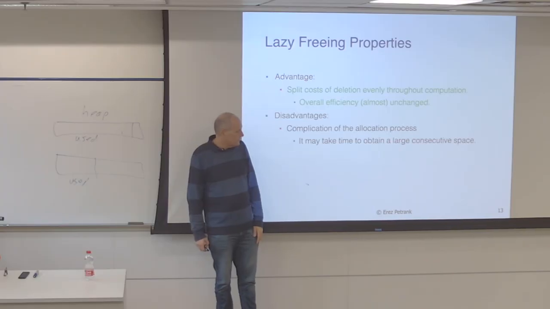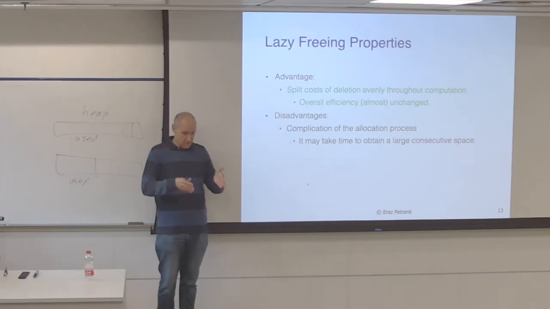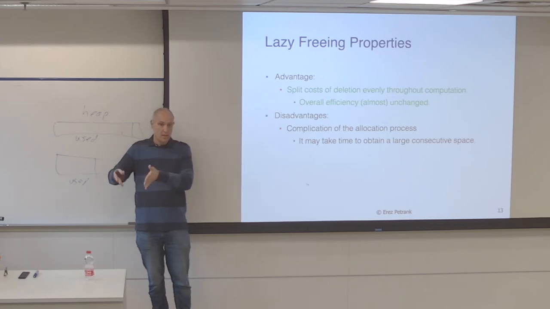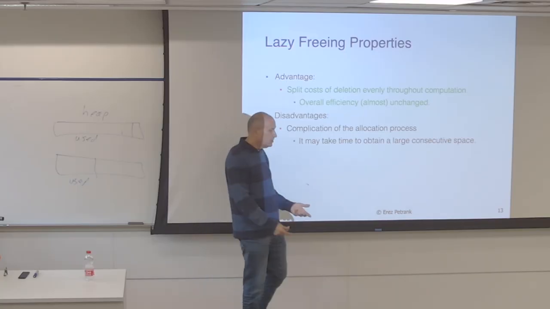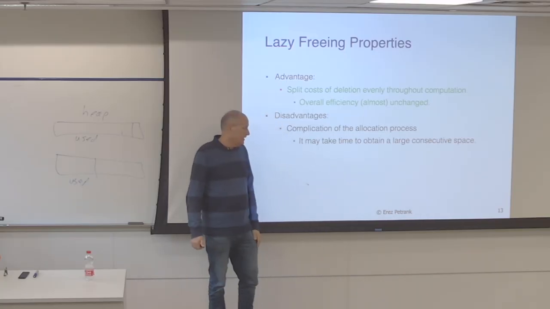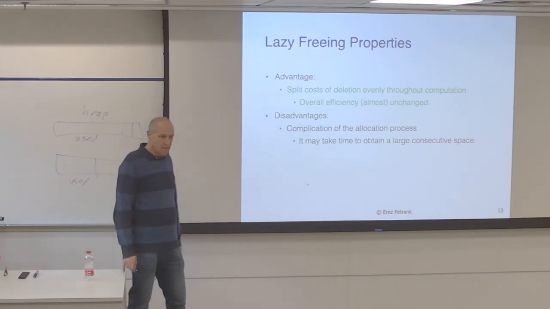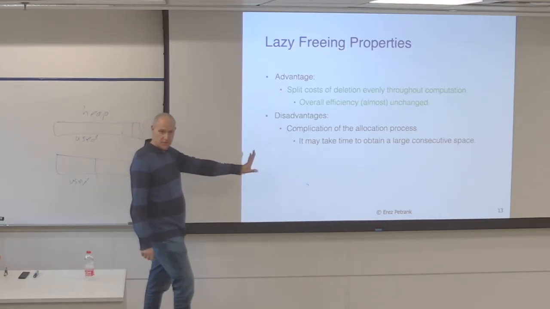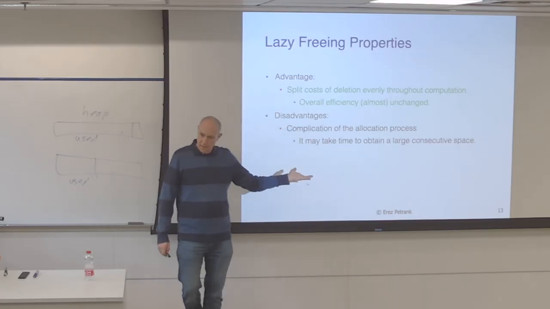If I need a large object, it's not Lisp, and I really need a large object, I need to free many small objects in order to find space for allocation, then it may take time. So this is the first method that people suggested to improve reference counting.